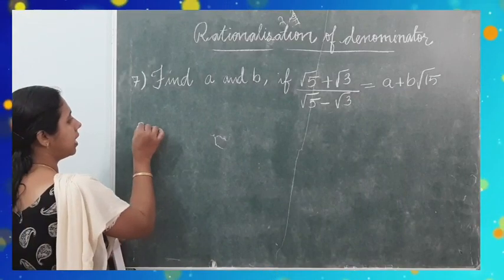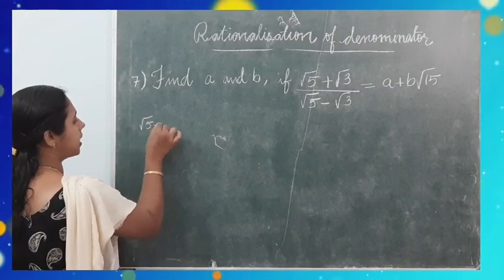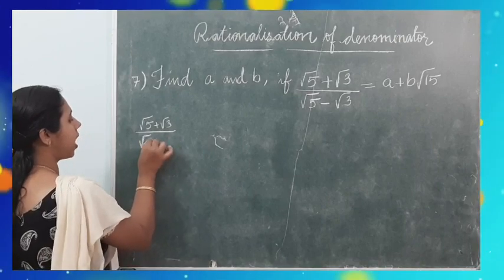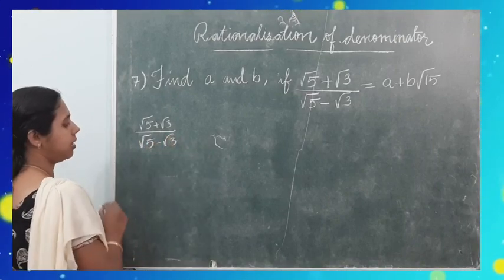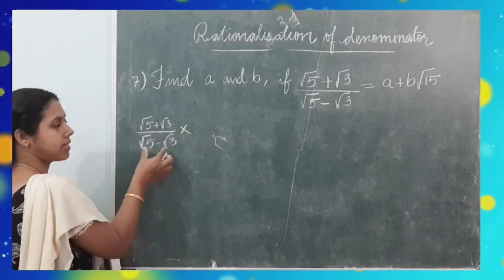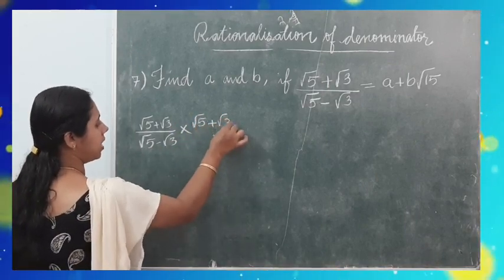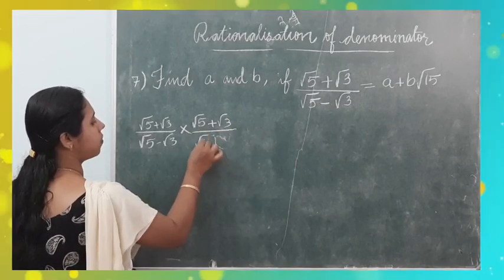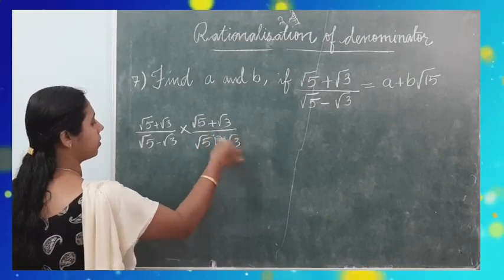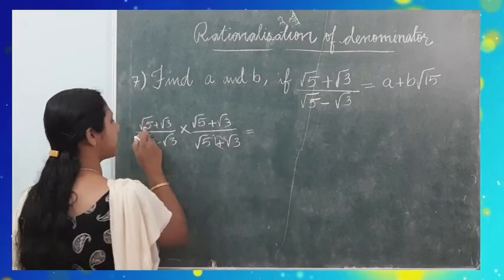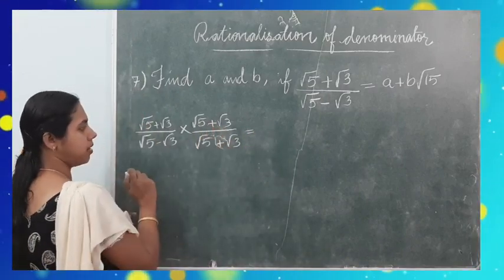So it will be root 5 plus root 3 divided by root 5 minus root 3 into, the rationalizing factor is root 5 plus root 3 divided by root 5 plus root 3.